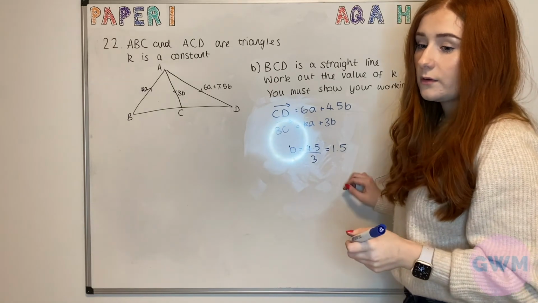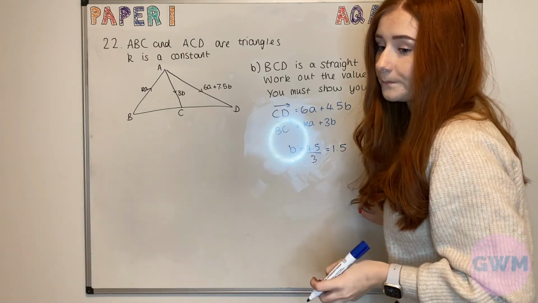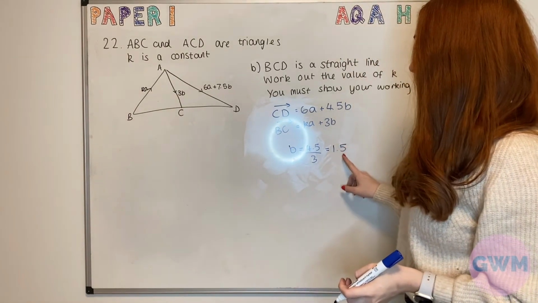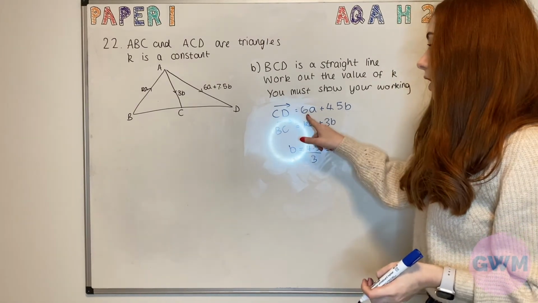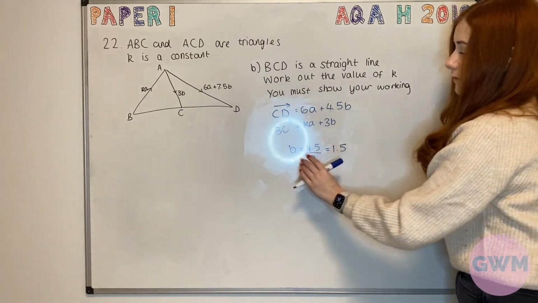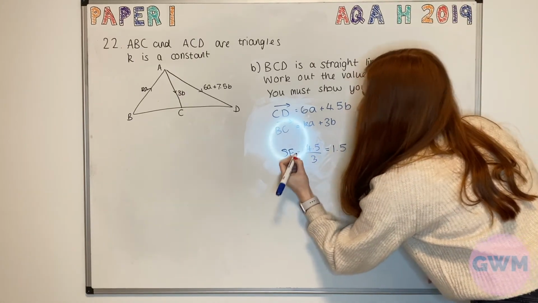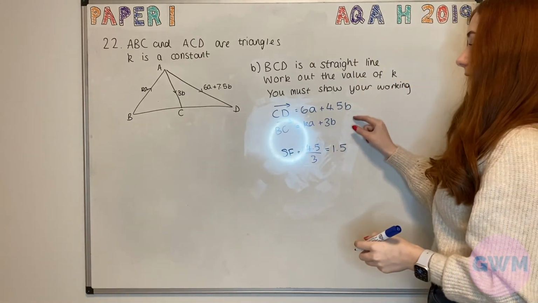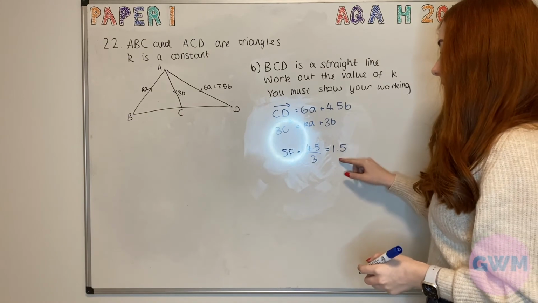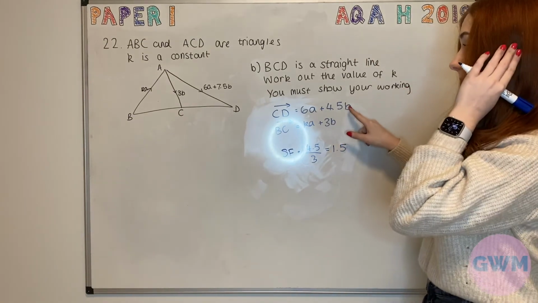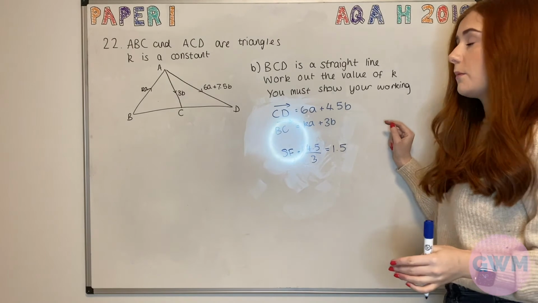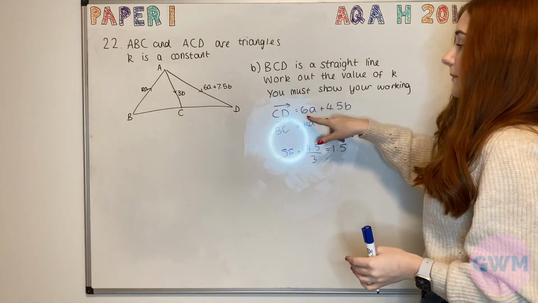So once we know that that is 1.5, what we can do is plug that in and say, well, these are scaled. The scale factor equals 1.5. So if we know that these b terms are scaled by 1.5, so to get from BC to CD, you have to times the length by 1.5, then this must surely be the same for this.